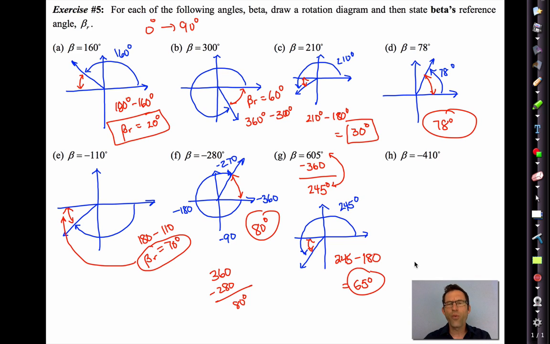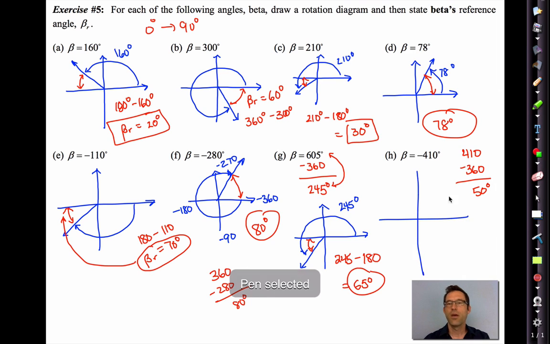Now the negative 410, that's going to be a little bit tricky, right? It's bigger than negative 360. A lot of students will do this. They'll take 410 and they'll subtract 360 and they'll get 50. Now what does that really mean? Okay, let's think about this for a second. What that means is that I'm going around and I've done negative 360.